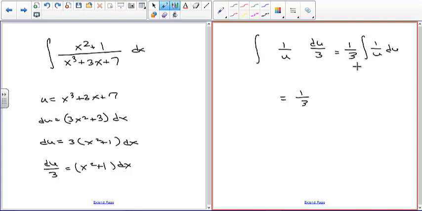So the formula says the integral of 1 over u du is the natural log of the absolute value of u plus c. And then I plug u back in. Okay, so that's how polynomials work.